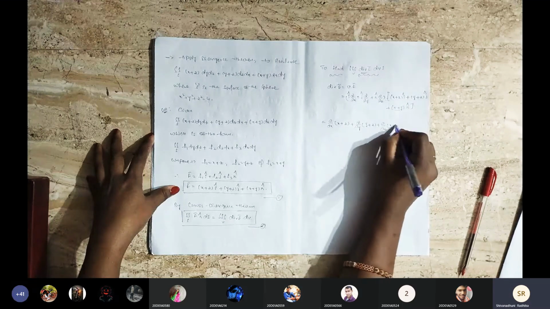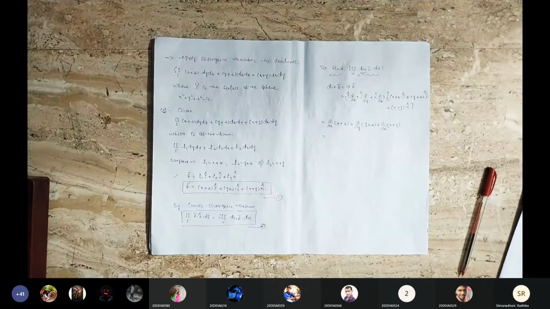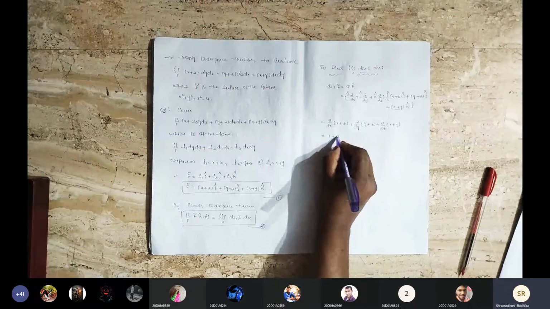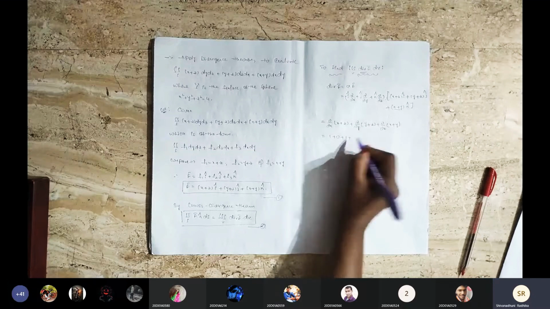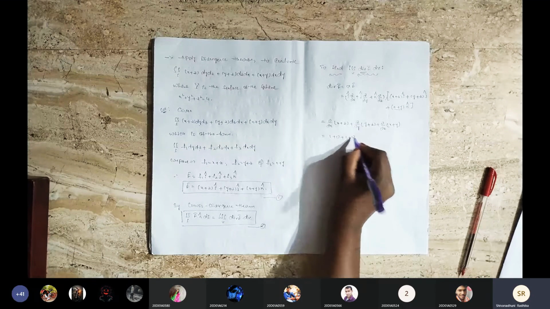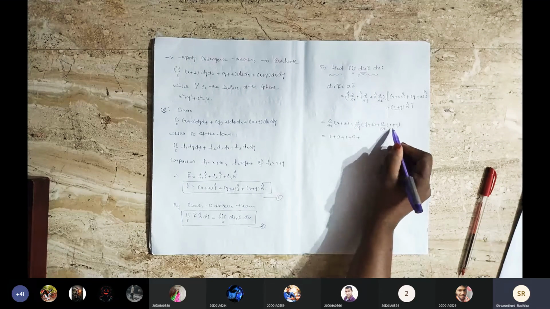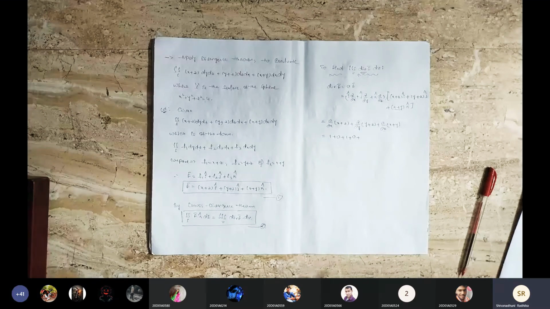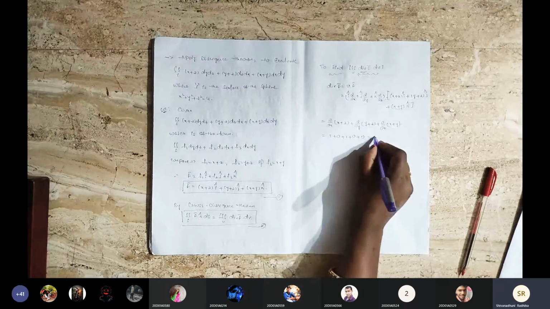Now we differentiate partially. Dou by dou x of x is 1 plus dou by dou x of z is 0, plus dou by dou y of y is 1 plus dou by dou y of z is 0, plus dou by dou z of (x plus y). X plus y are both constants, and the derivative of a constant is 0. Then I am getting divergence of F bar equals 2.